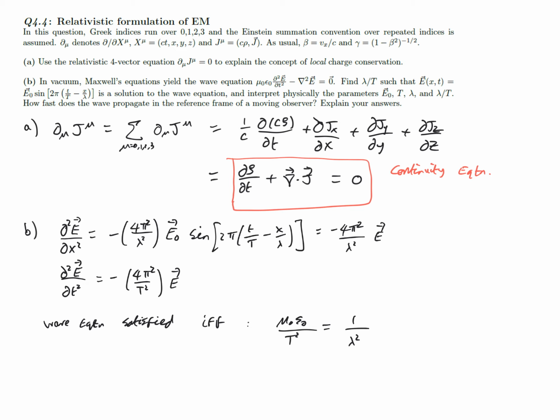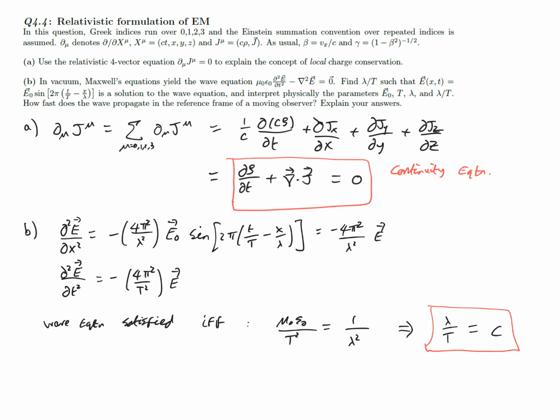And since we know that 1 over square root mu naught epsilon naught is the speed of light, we can write this condition for the wave equation to be satisfied with this trial function when lambda over T is equal to the speed of light c.